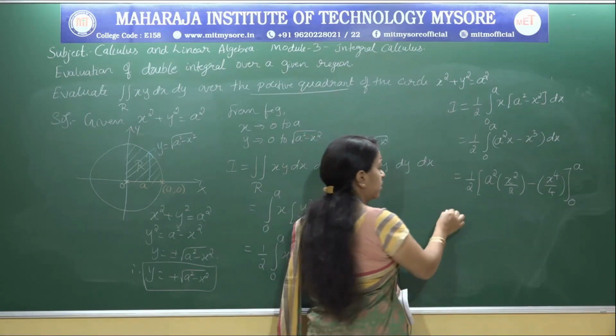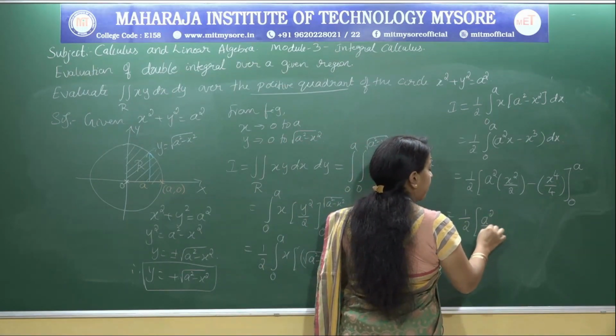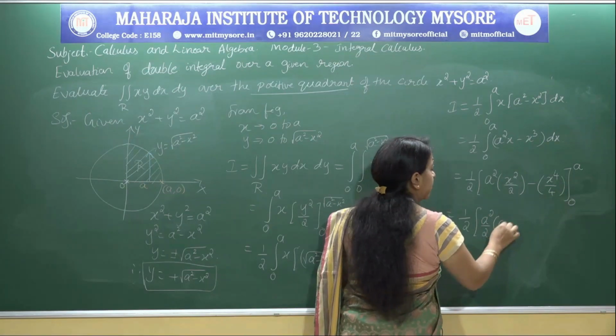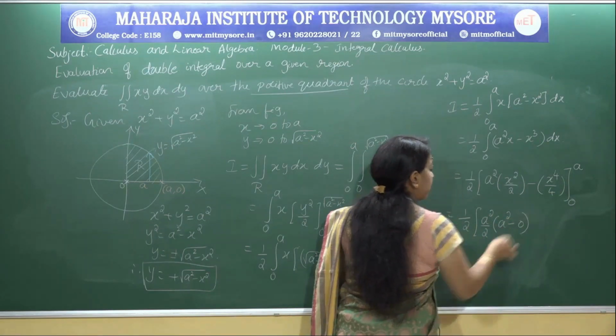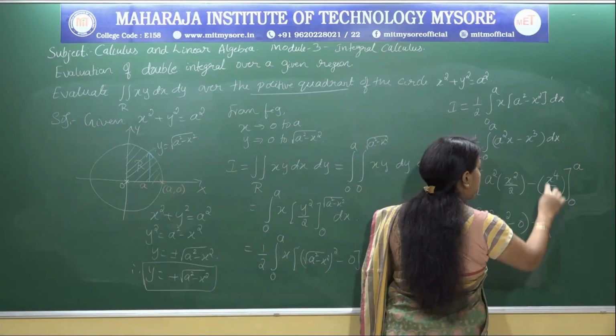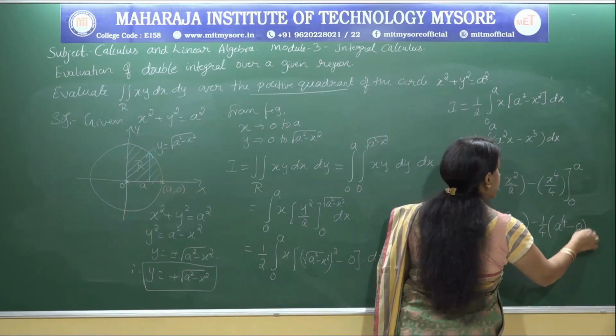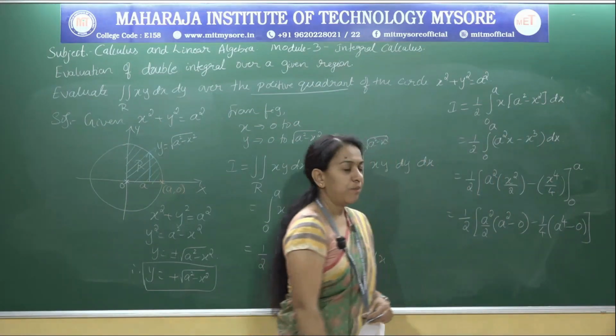Now apply the limits: 1 by 2 into a square by 2 times the upper limit a square minus lower limit 0, minus 1 by 4 times the upper limit a to the power of 4 minus lower limit 0.